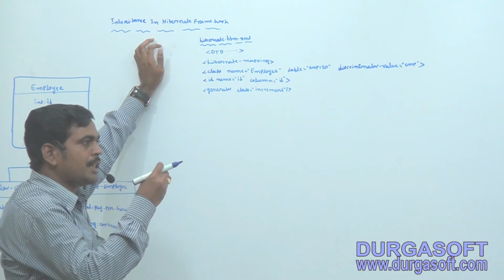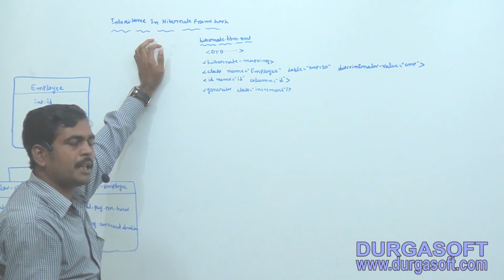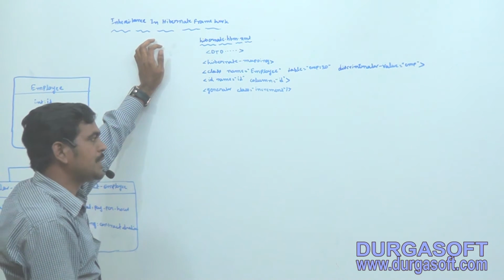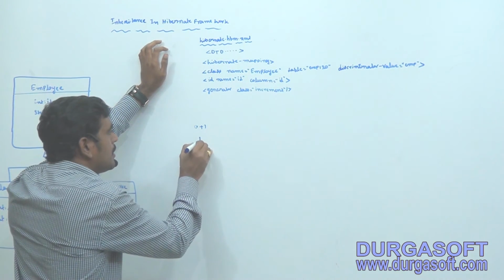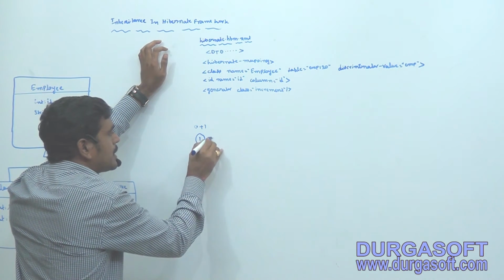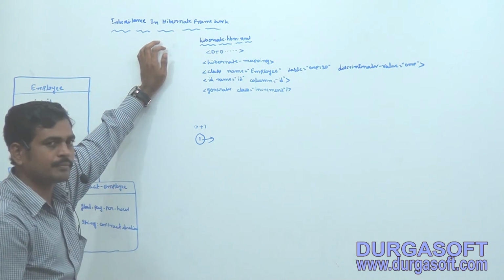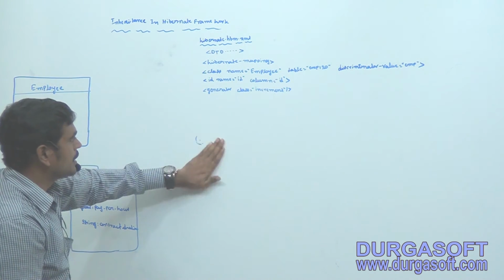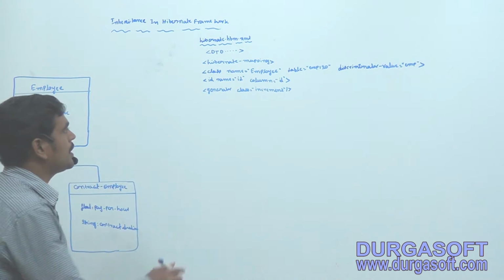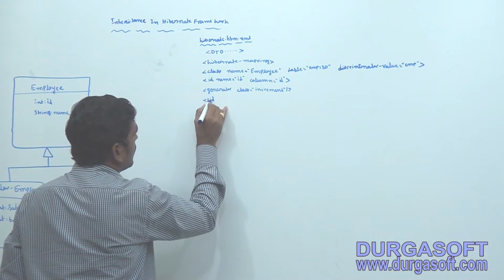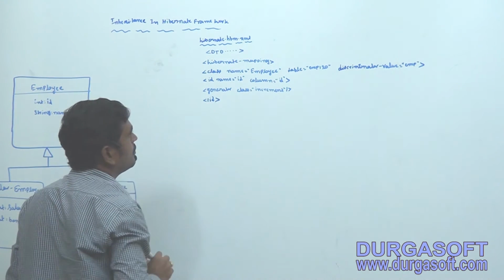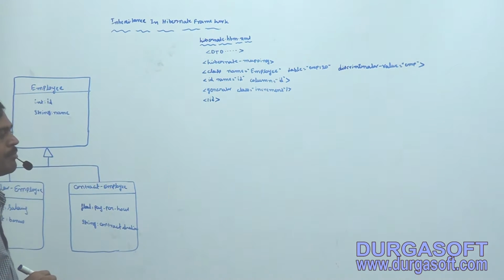If there are no records present in our database table, it is going to take 0 plus 1, and the first record is inserted with that ID. Then close the ID.